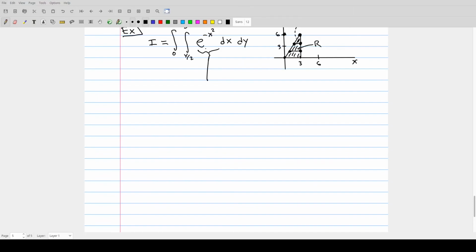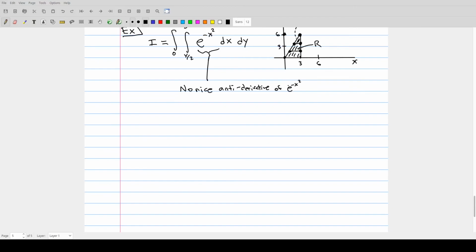The function e to the negative x squared is one example of a function that does not have a nice antiderivative. So there's no nice antiderivative of e to the negative x squared.